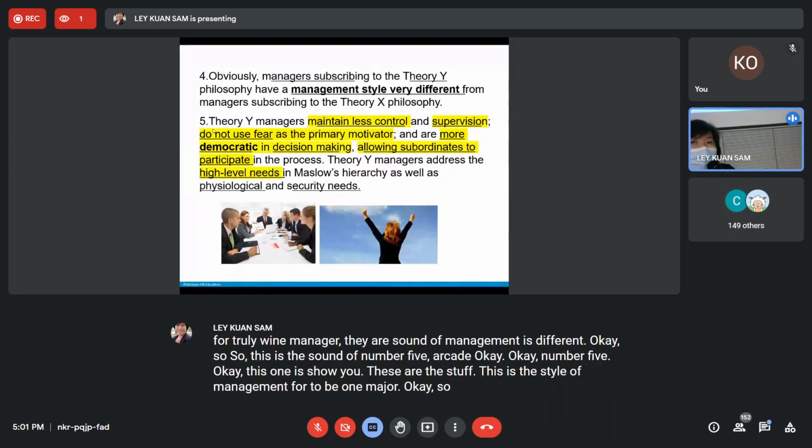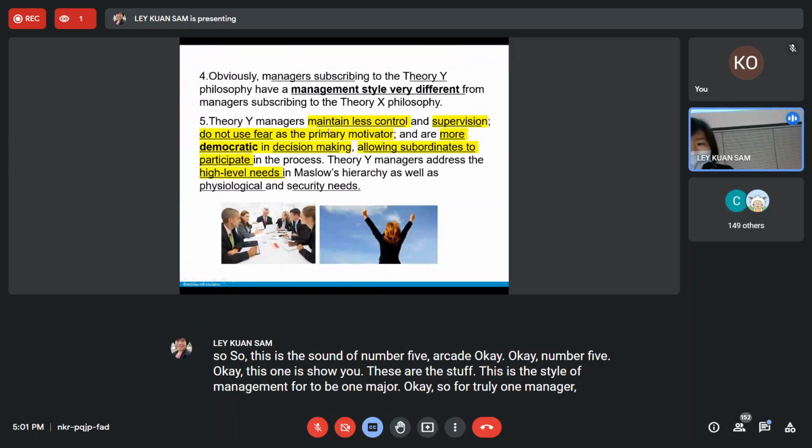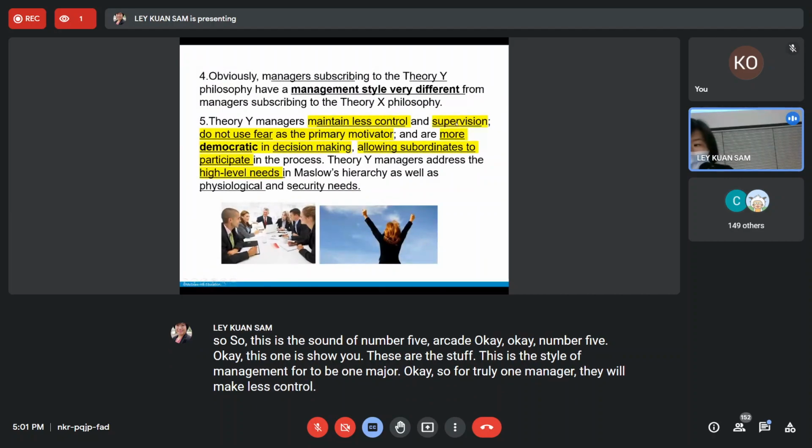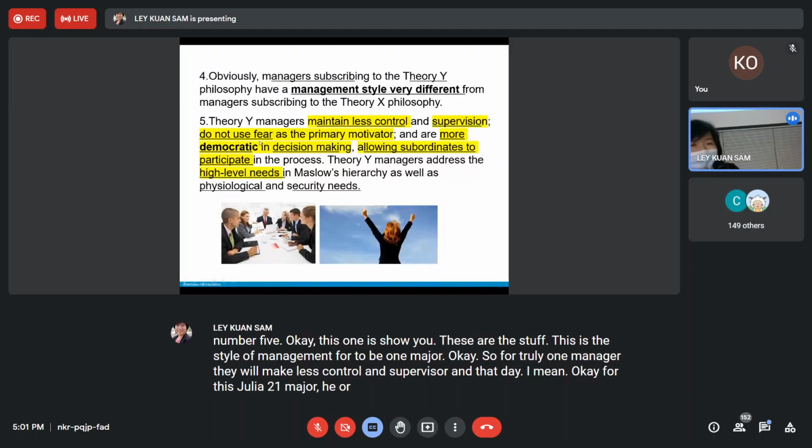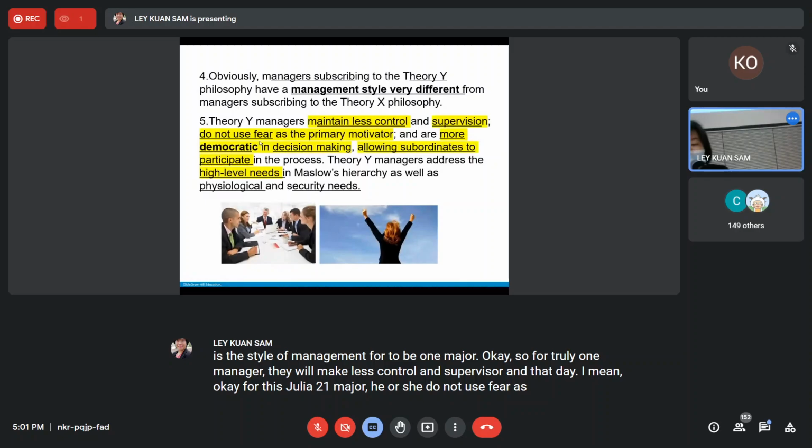Theory Y managers maintain less control and supervision, and they do not use fear as the primary motivator.